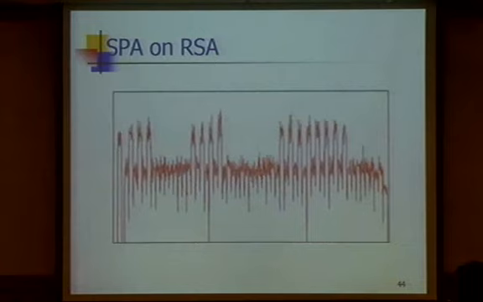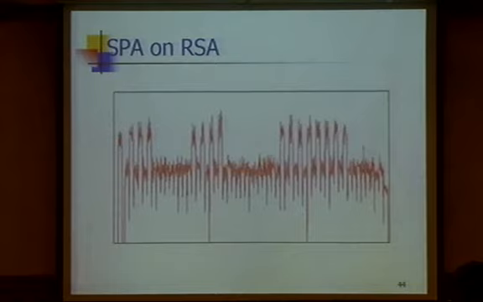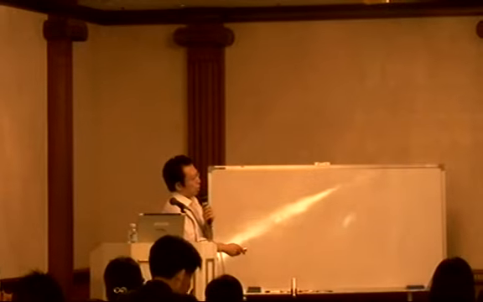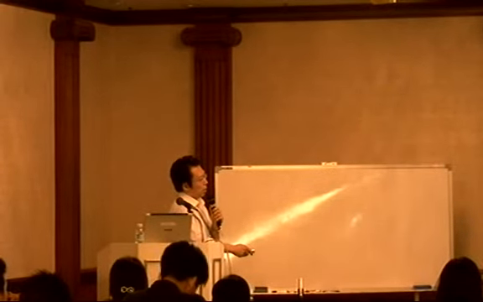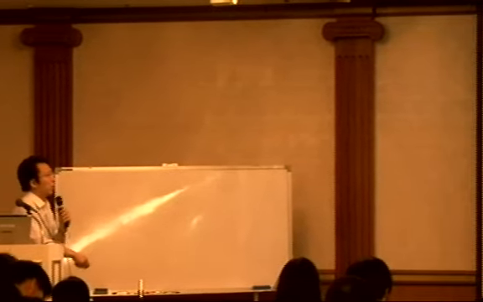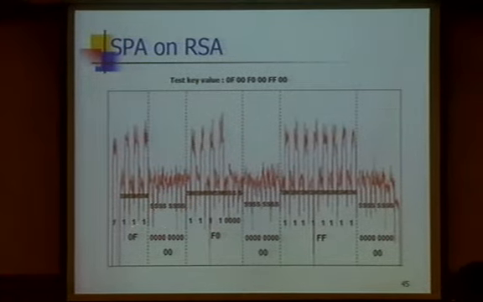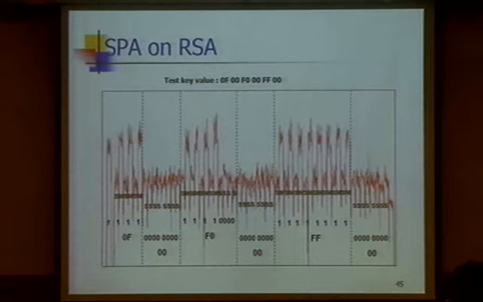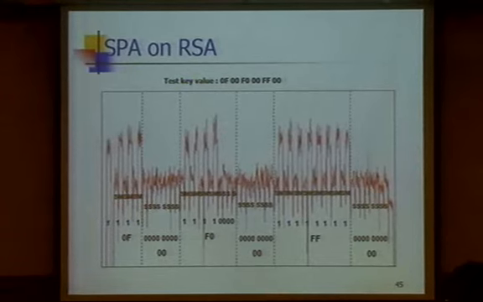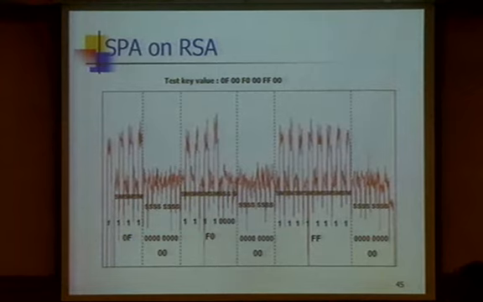This slide shows a power trace on a smart card while RSA is executing. This means that, as I said before, when the exponent bit Ei is equal to 1, we need to additionally perform a multiplication operation. So by using this trace, we can guess the whole secret key stored in the smart card.